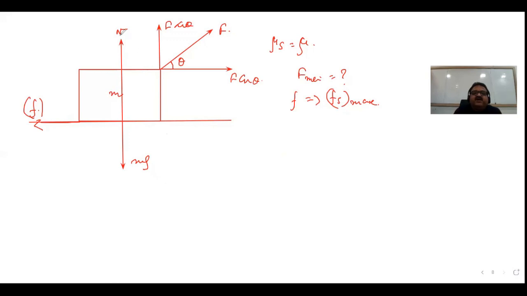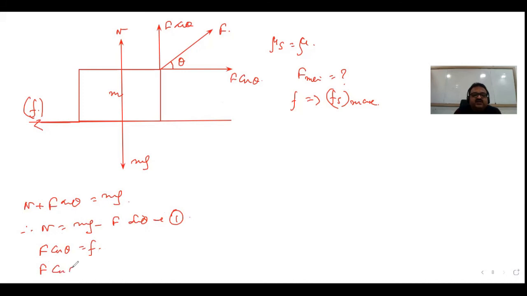Now, if I take the equilibrium along the y-axis, what would be the value? So what we can write? N plus F sin theta is equal to mg. Therefore, N equals mg minus F sin theta. Number one is this. Number two, look at this. F cos theta must be equal to friction.